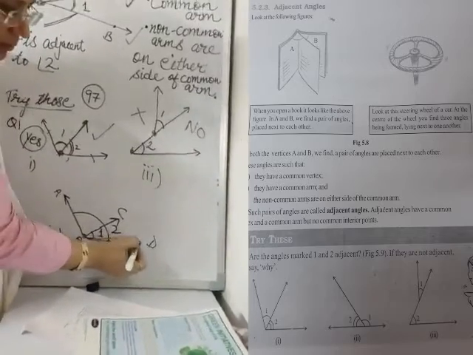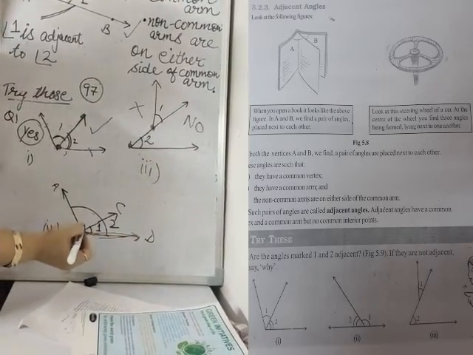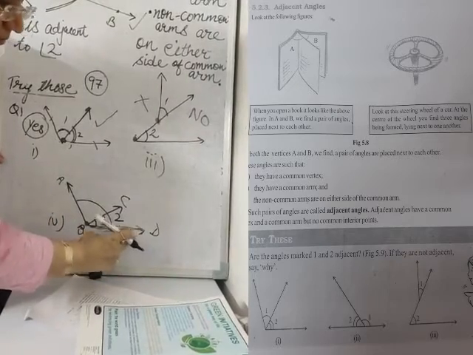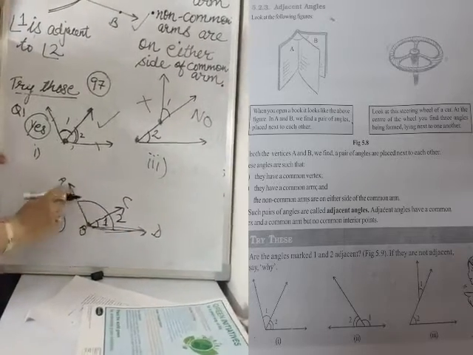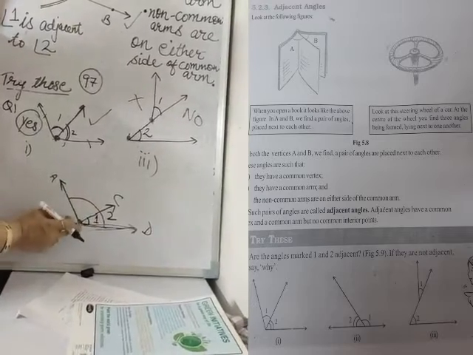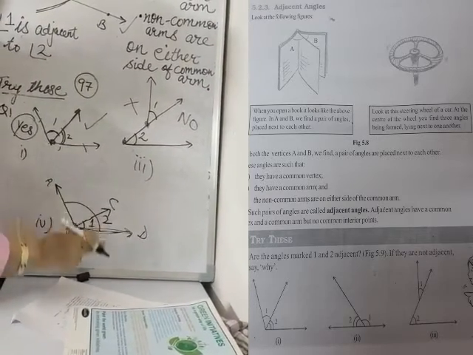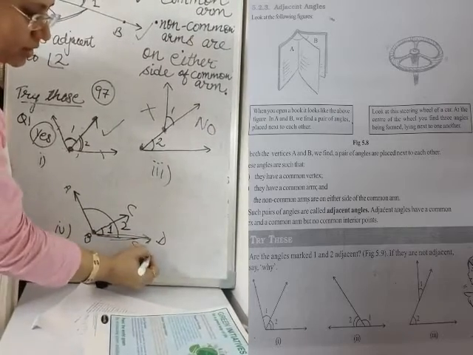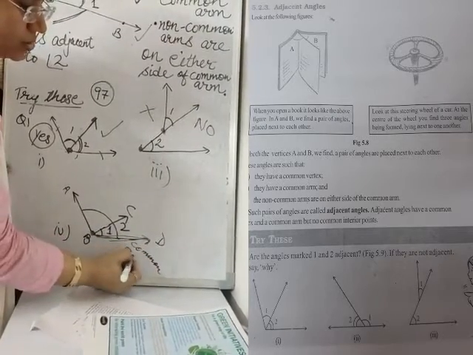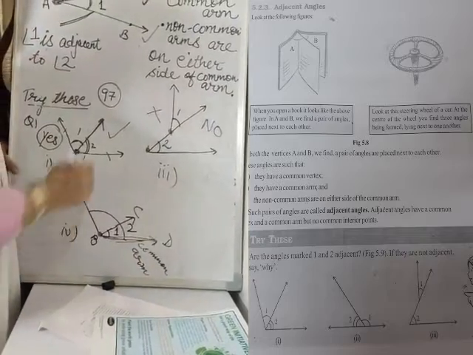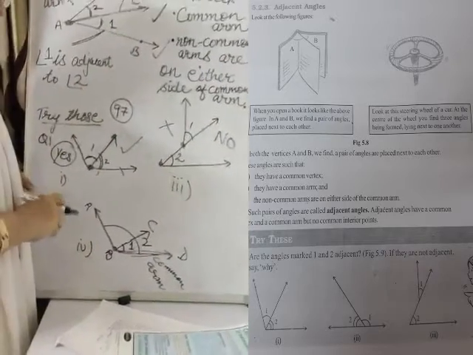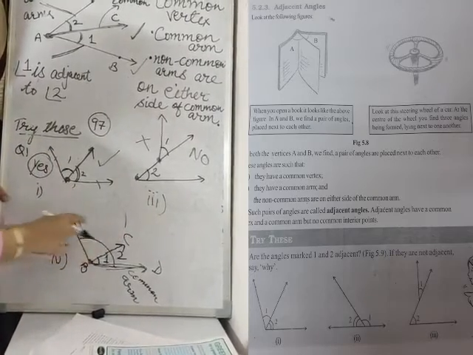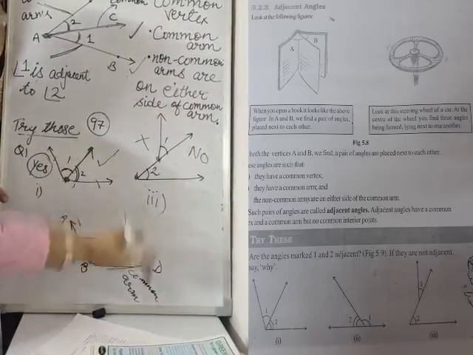Which arm is common in both? BD is coming in angle 1 and angle 2. In both angle 1 and angle 2, BD is coming. So BD is the common arm. So we have a common arm also. Now check the third condition, non-common arms. BC and AB are non-common arms. They should be on either side.